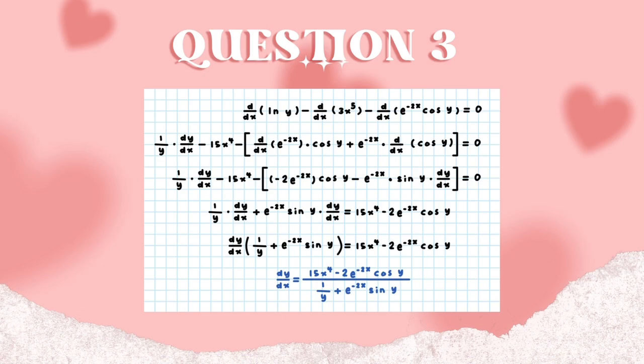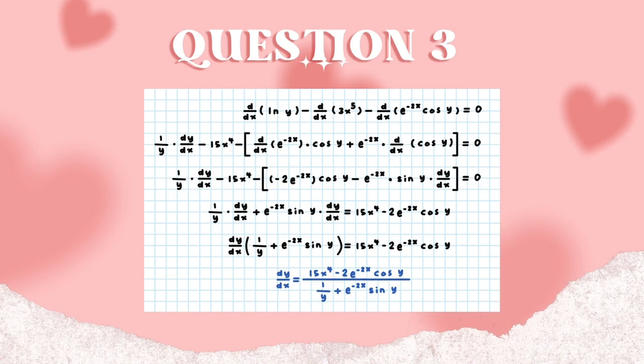So we apply the product rule: d over dx of e to the power of negative 2x cos y equals d over dx of e to the power of negative 2x multiplied by cos y, plus e to the power of negative 2x multiplied by d over dx of cos y.